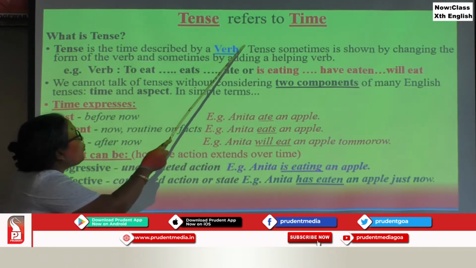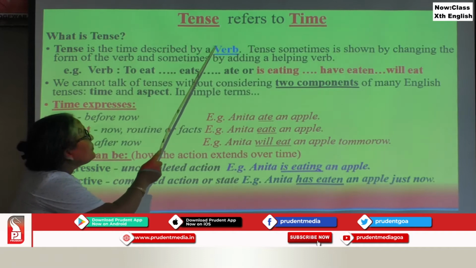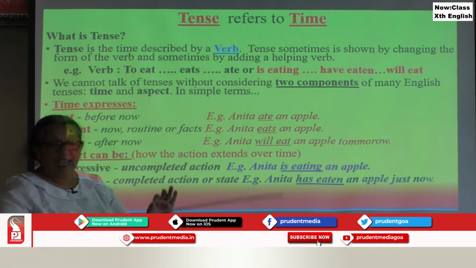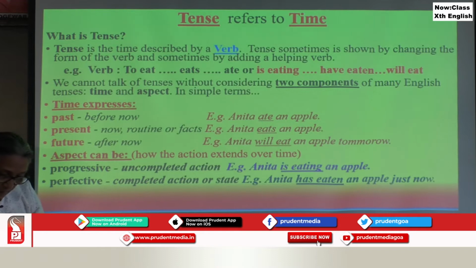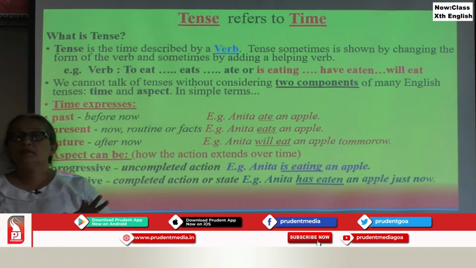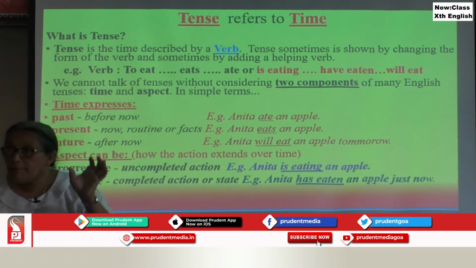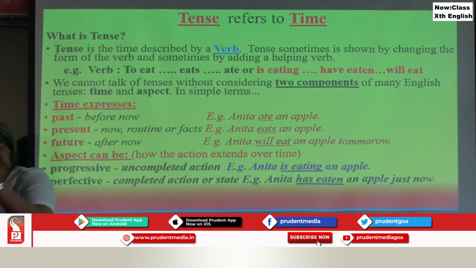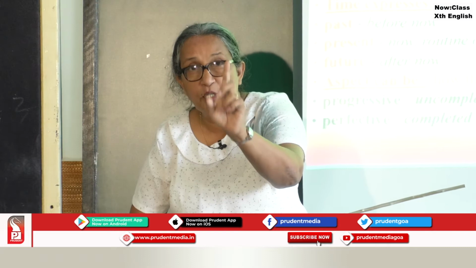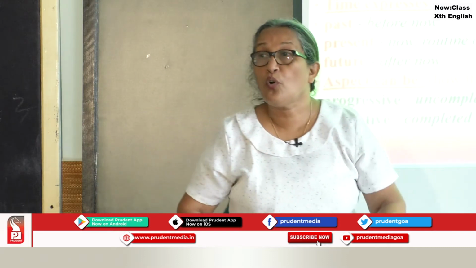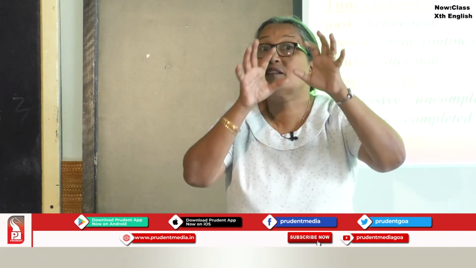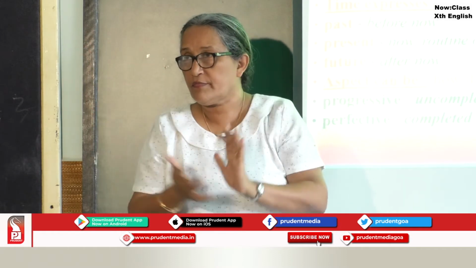When we use a verb to write any sentence, the verb has to match with the subject. Number one. Number two, it has to coordinate with the time of the action.